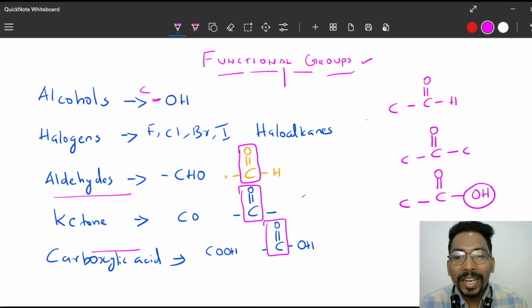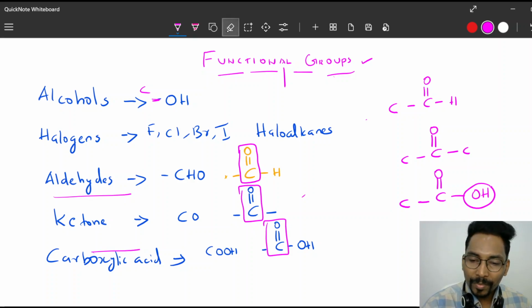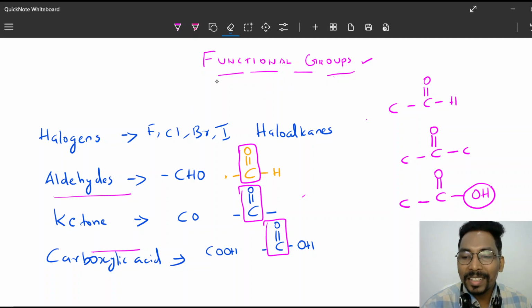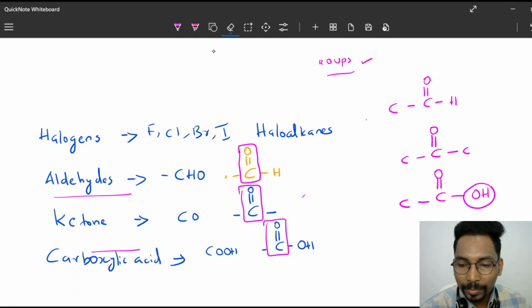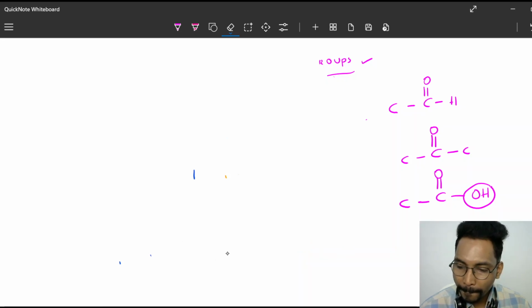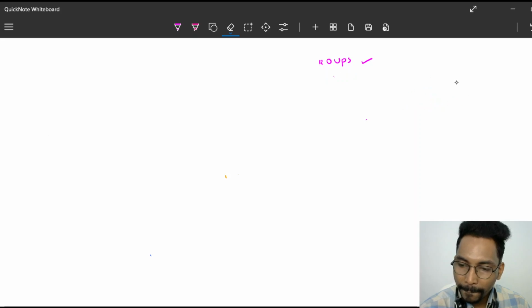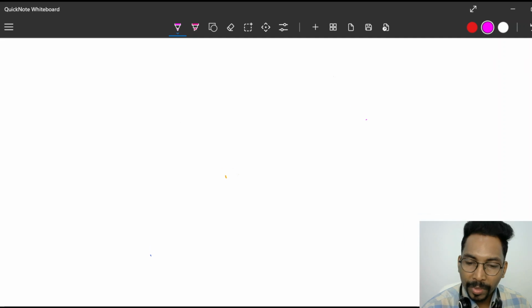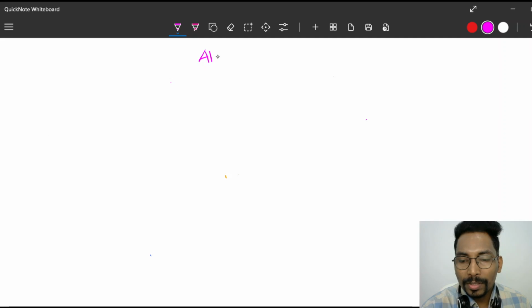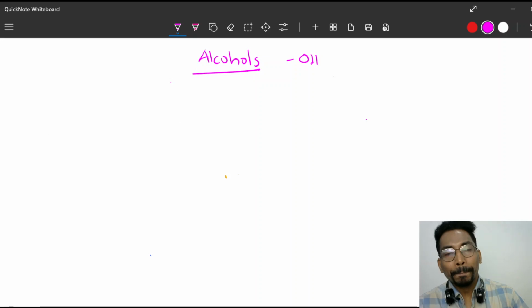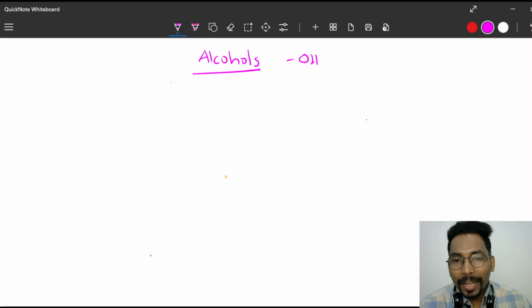Now we can discuss each group in detail, including their nomenclature. First we can discuss alcohols. The first thing to remember regarding alcohols: the chemical group is the OH group, and while naming alcohols, the name should end with ol.